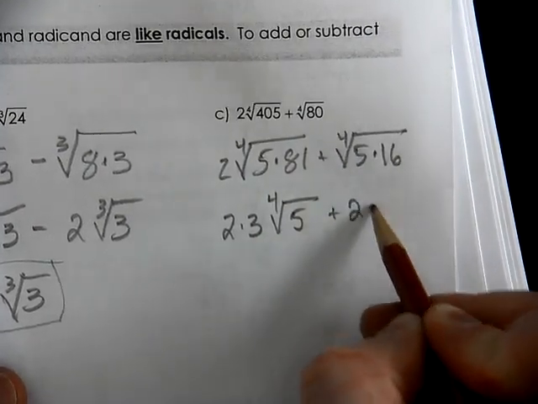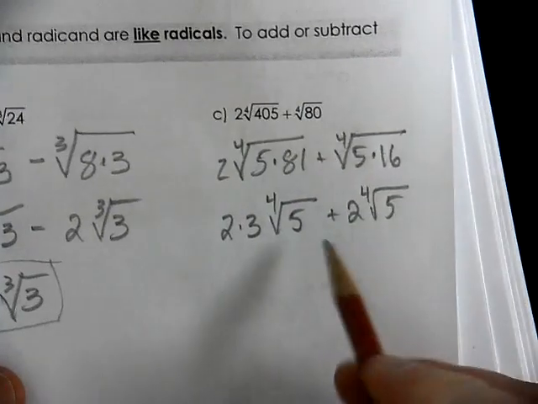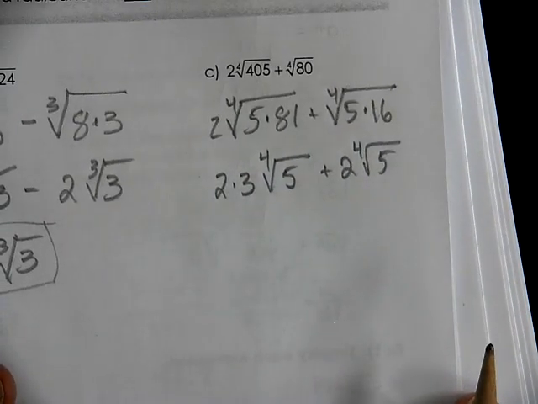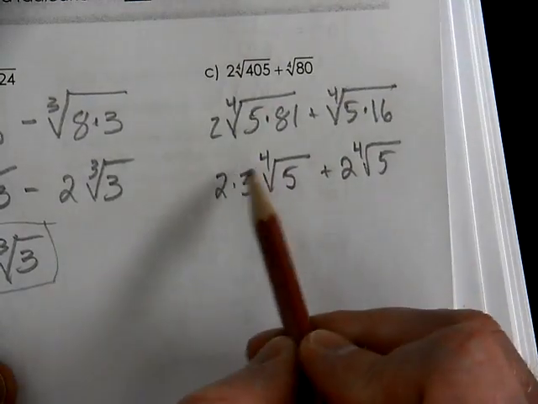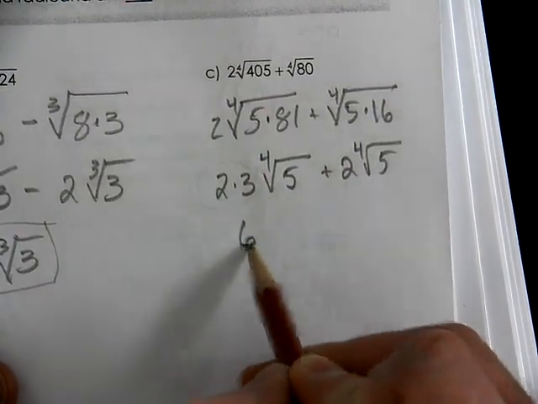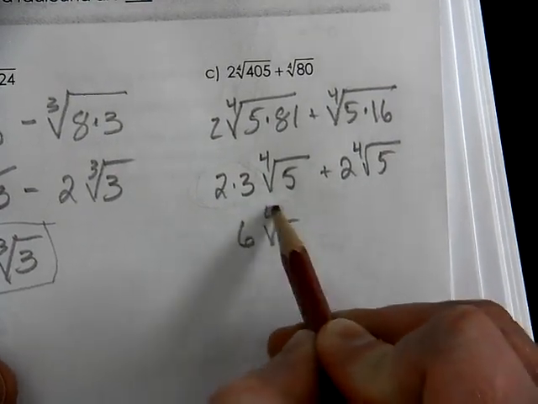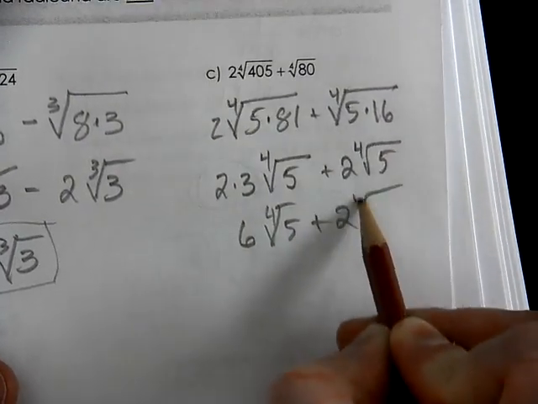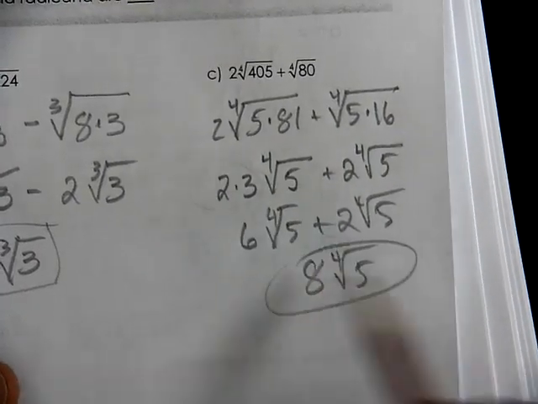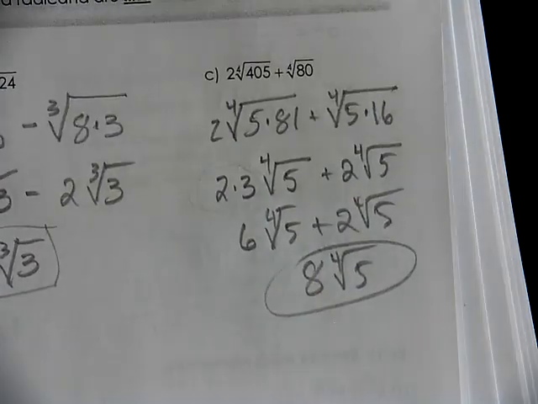Fourth root of 16 is 2. Are my radicals the same? Yes. So outside, they don't get added together, they get multiplied together. So that's 8 fourth root of 5. Good job.